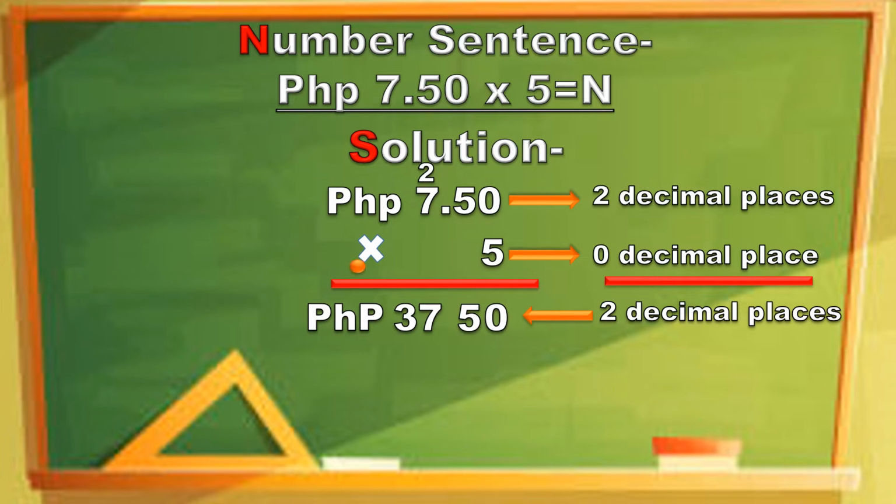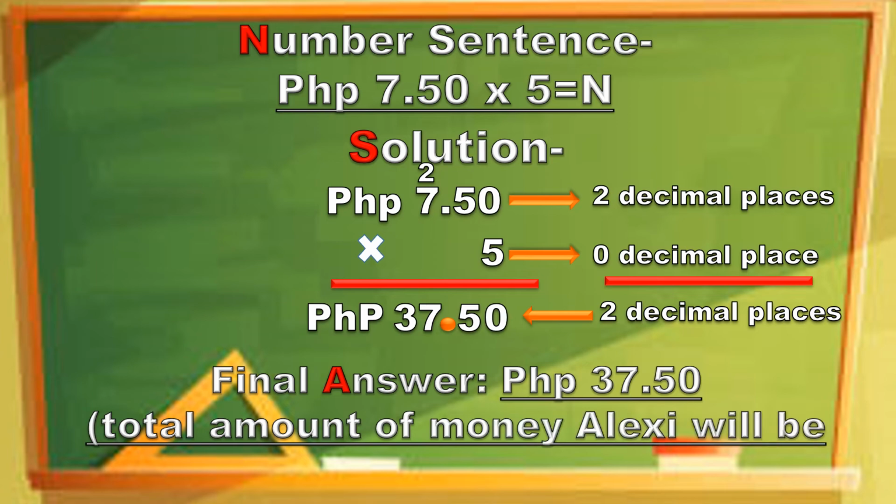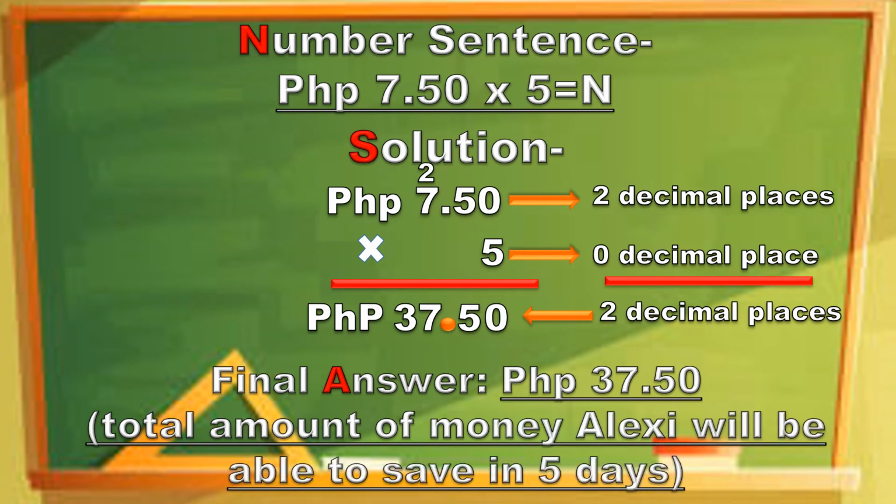We put our decimal point here. Did you get that? So for A, our final answer is 37 pesos and 50 centavos, the total amount of money Alexi will be able to save in 5 days. Did you get that? Very good.